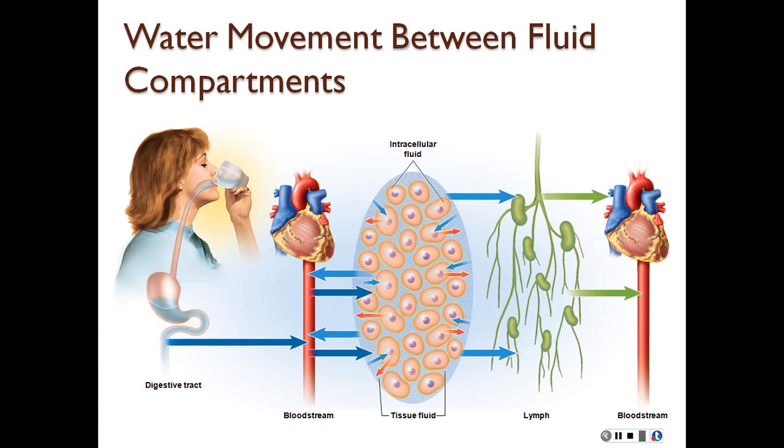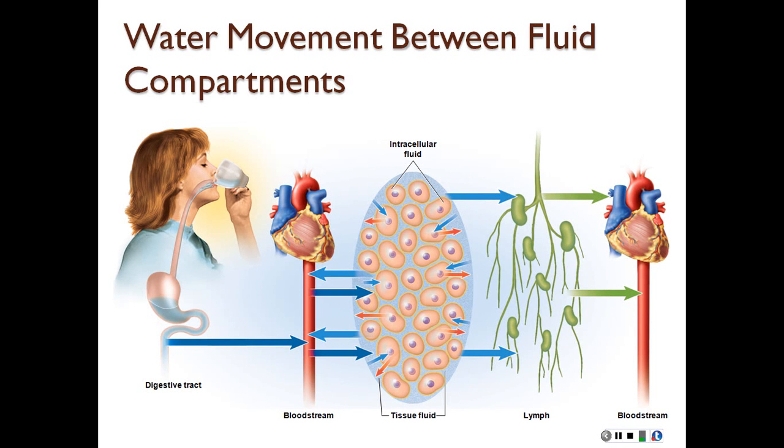How does the lymphatic system work here? Remember what the lymphatic system does? You all just told me. It picks up water from the interstitial fluid, right here. So the water here is picked up by the lymphatic system. Does the lymphatic system send water to the tissues?